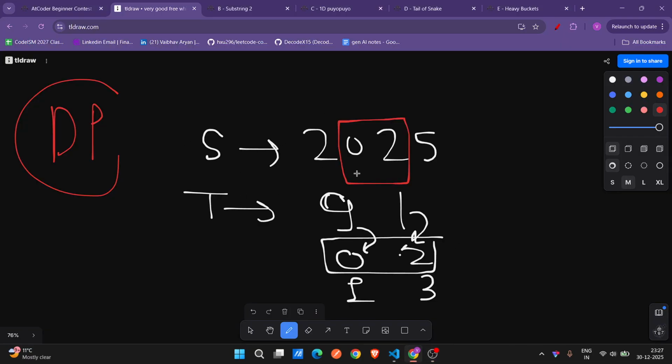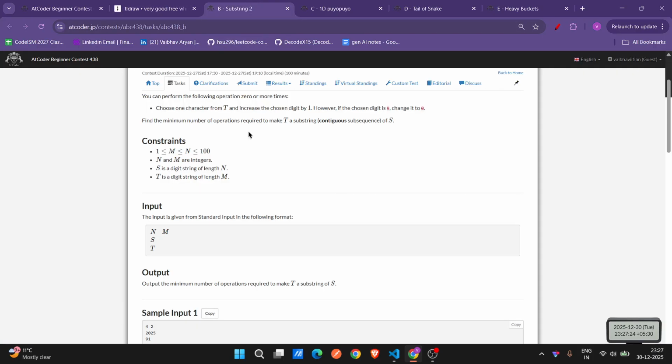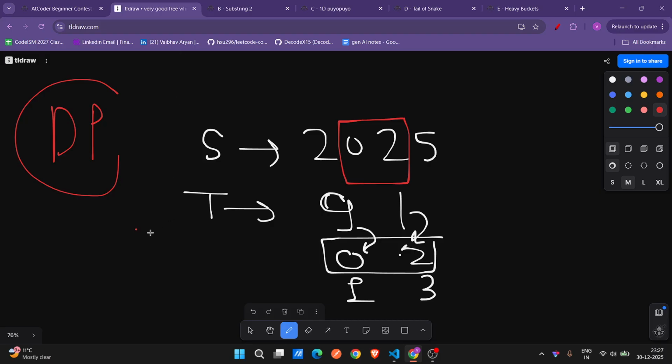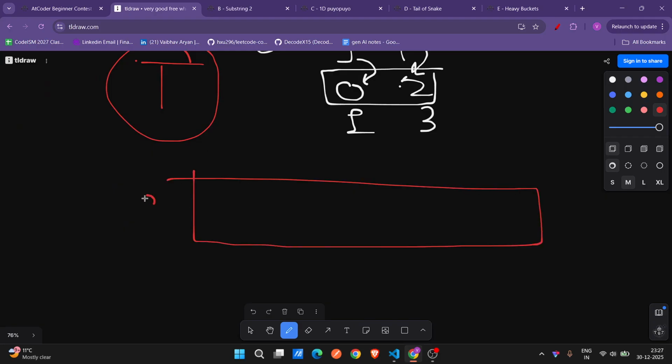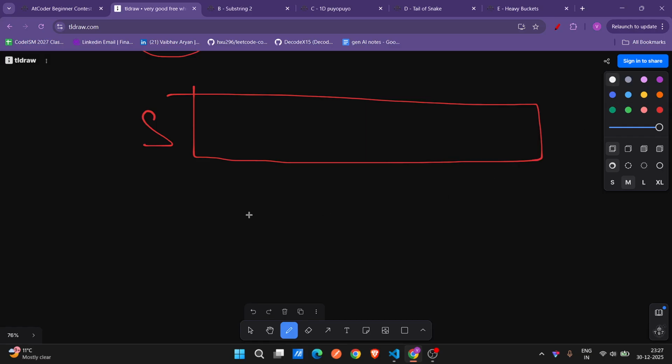Okay, so what you can do is simply add this and then add this, and then you get these values. Right now the first thing you should think is that what they want is for you to make t a complete substring of s. So if you have this as your s, and this as your t, either t will equal this part, or this part, or this part.